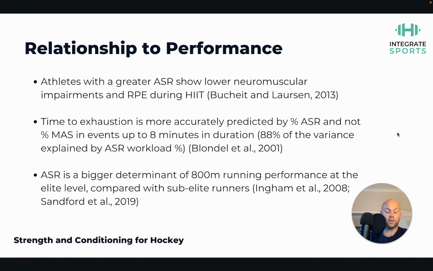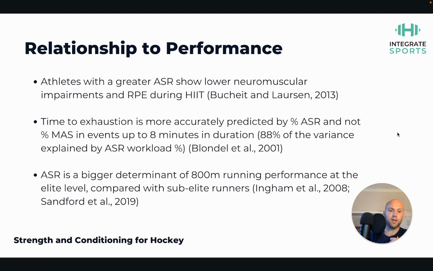And this kind of makes a lot of sense, doesn't it? Because you're working at a relatively smaller percentage there. Time to exhaustion is more accurately predicted by percentage of anaerobic speed reserve and not percentage of mass at events up to 8 minutes in duration. And 88% of the variance in performance was explained by anaerobic speed reserve workload here.